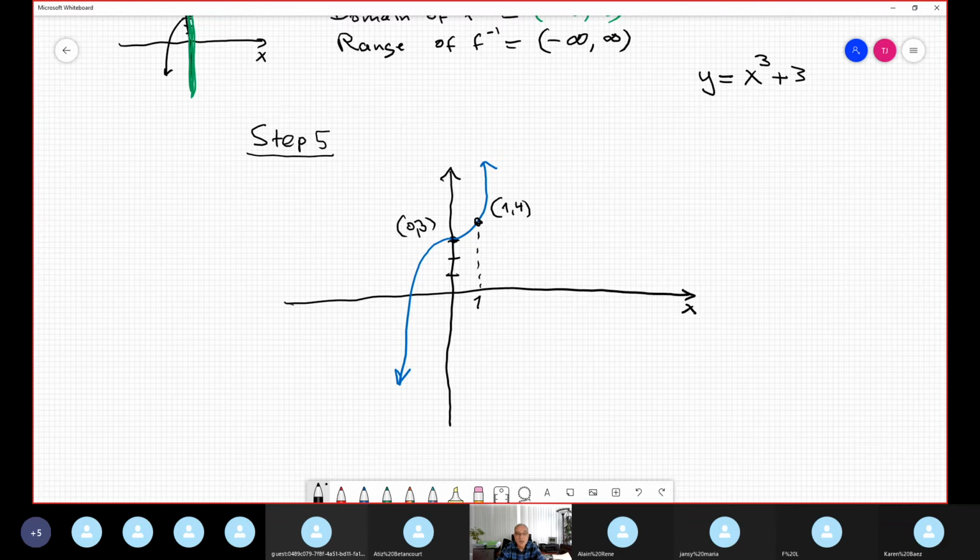And -1. So basically, we always use these 3 points: 0, because it's easy, 1 and -1. When you plug in -1 here, -1 cubed is -1, so the result is 2. This point is (-1,2). Okay, and this is the graph of y equals x cubed plus 3.